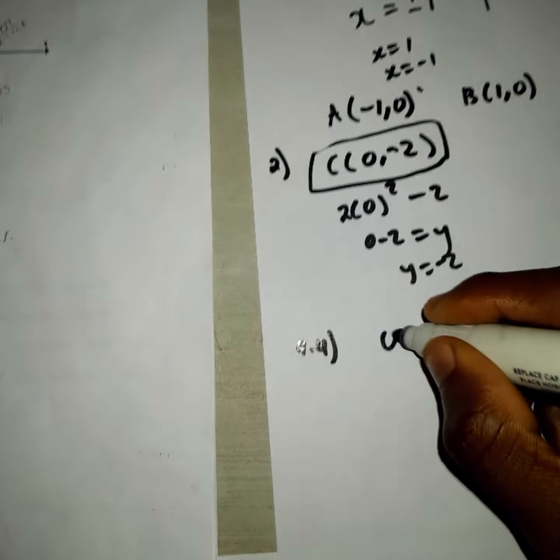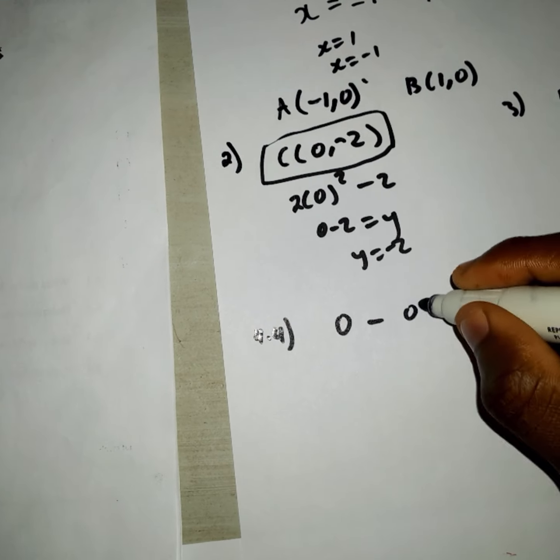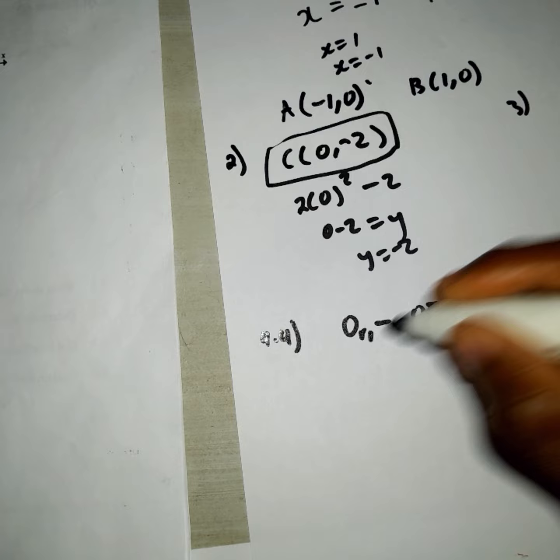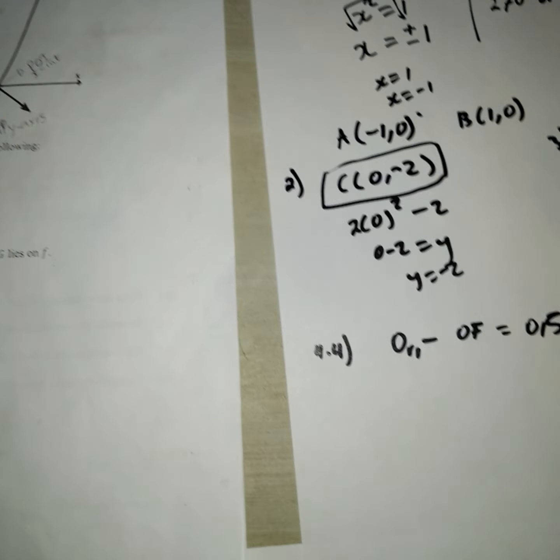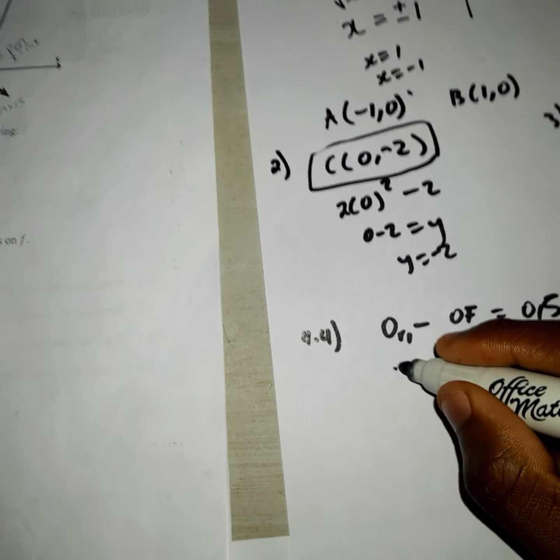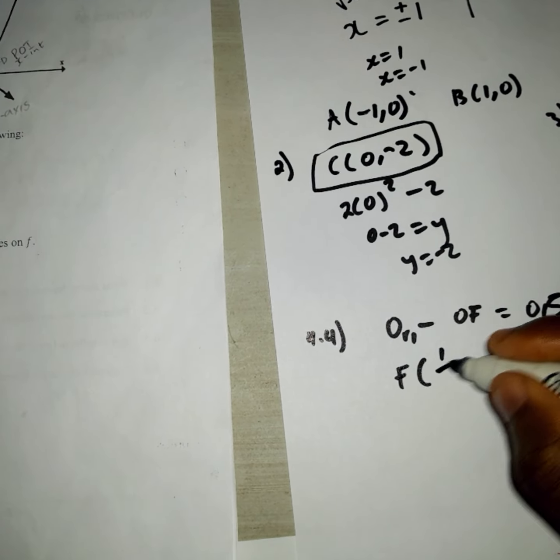From the origin to F, it's 0.5 units, basically half units.